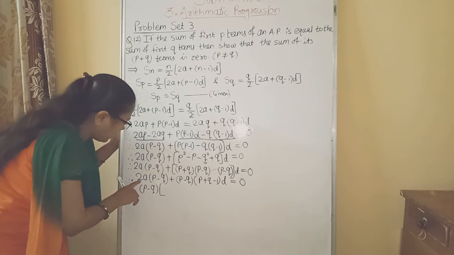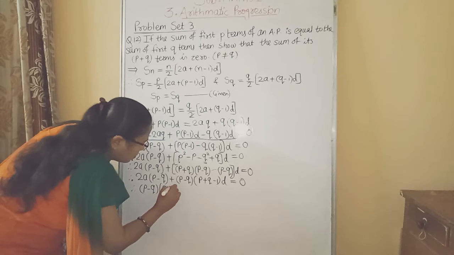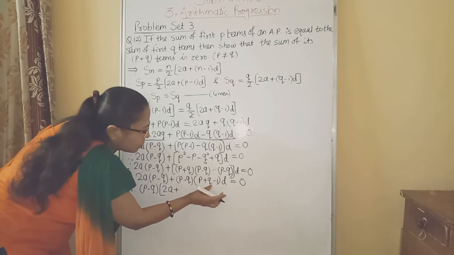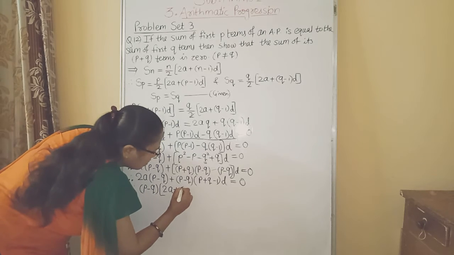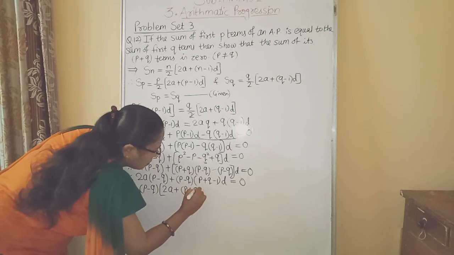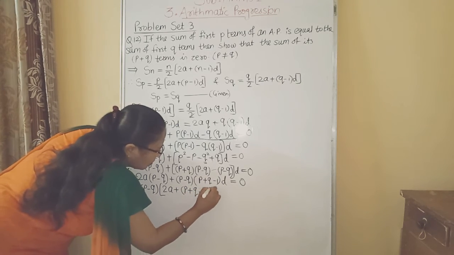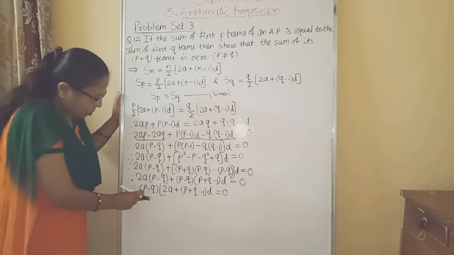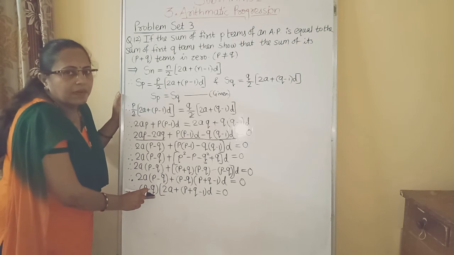So in the bracket we will get 2a plus p plus q minus 1 into d equal to 0. Okay. Now this p minus q is multiplied here.